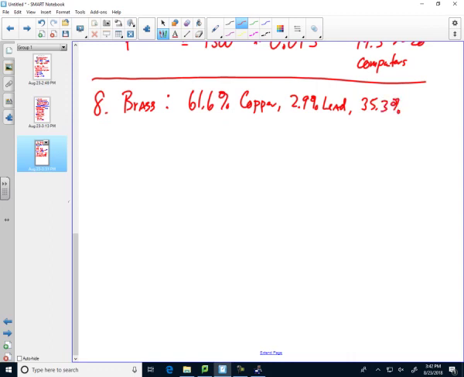Anyway, it's got 35.3% zinc in it. So we want to know how many pounds of each metal would be in 160 pounds of brass. So what we're going to do first is change all into decimals. Yeah, we need everything into a decimal, don't we? 61.6% as a decimal is 0.616.